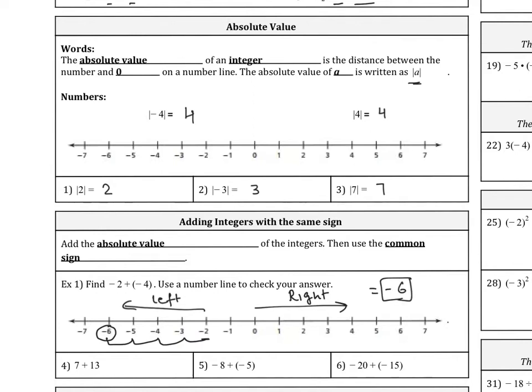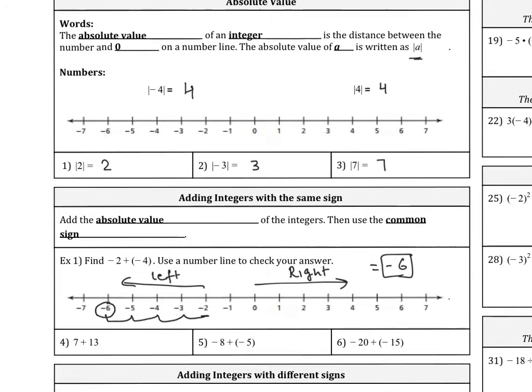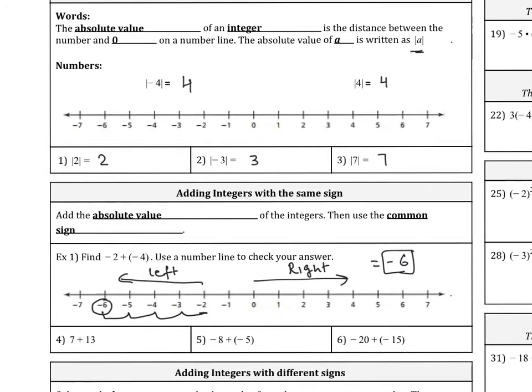Now look at number 4, 5, and 6. So 7 plus 13, you have done this many times. This is adding simple positive integers. So 13 plus 7 or 7 plus 13 will give you the answer 20.